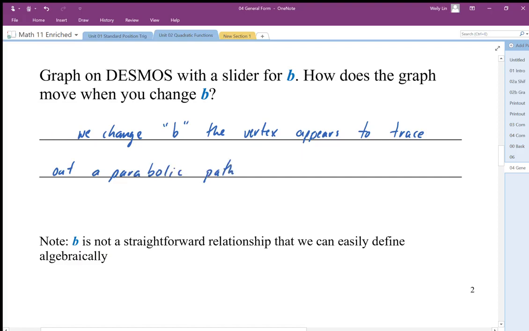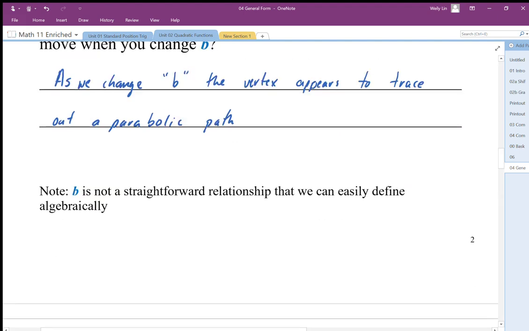Again, this relationship is not easily defined, so we can't calculate exactly where the vertex is going to be. But that B value, as you change it, clearly is following a parabolic path. So there's some sort of relationship going on there. At this point, we don't really know what it is, but there is this relationship.